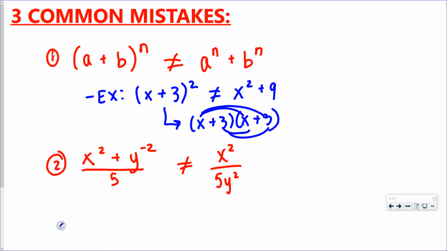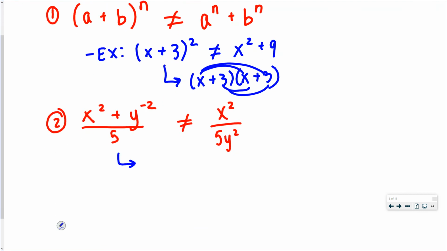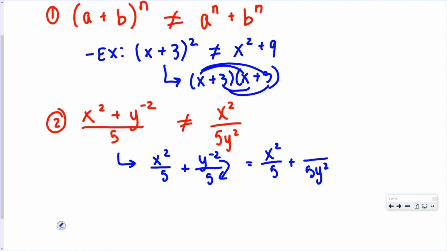What you should or could do is split this up into two fractions. Like, you have x squared that's being divided by 5, and you have y to the negative second that's being divided by 5. And now, since they're each a single term, like a monomial, now you can apply that property of moving the y downstairs. You'd just be left with a 1 up there.